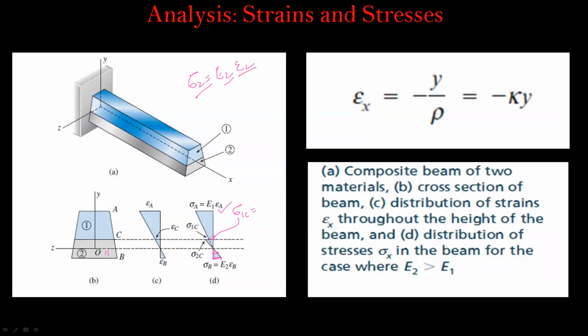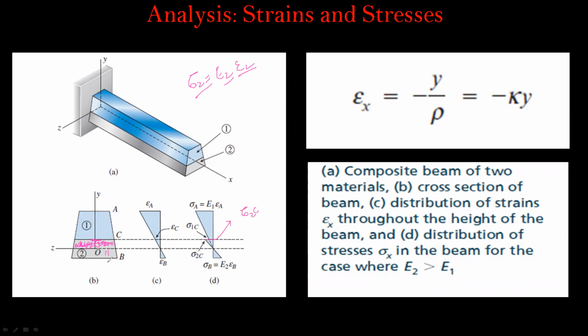But look at this portion. This portion belongs to material 2, not to material 1. So in order to calculate the stress on this very surface, let's use the sigma 2 formula. Because this portion is a common portion, when we use the sigma 2 formula, the stress at the common surface comes out to be sigma 2c.